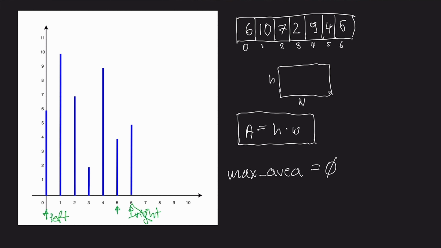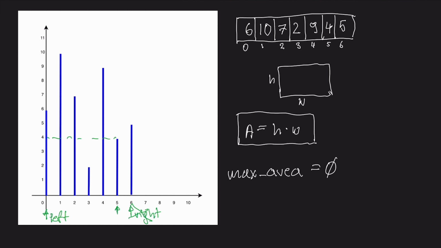And if the max area is less than our current rectangle's area, then we will update max area. So going back to the algorithm, we would move right to index 5, compute the new area of this new rectangle. This rectangle will be like this, and compare with the max area and move one of those pointers.